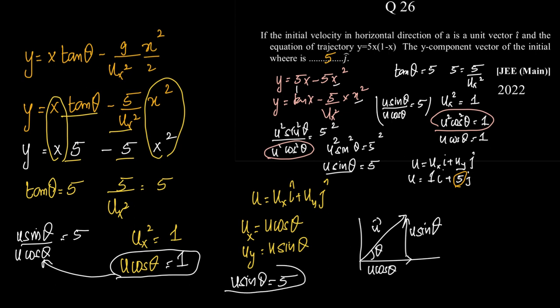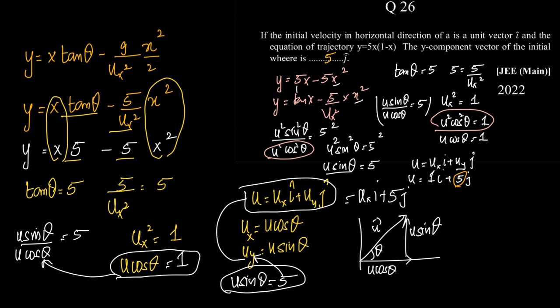If u sin theta is equal to 5, what is uy? Uy is 5. In which case, u is now equal to ux into i cap plus uy, which is 5 into j cap. And what is 5 j cap? It is the y component. So the y component of the vector is 5j. Okay, right. Now moving on to the next question.